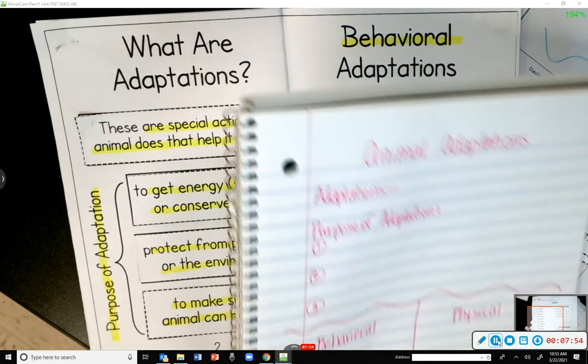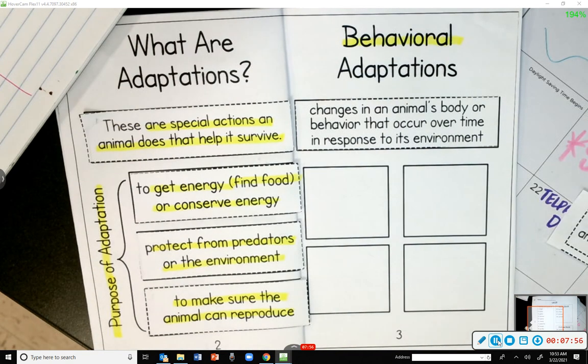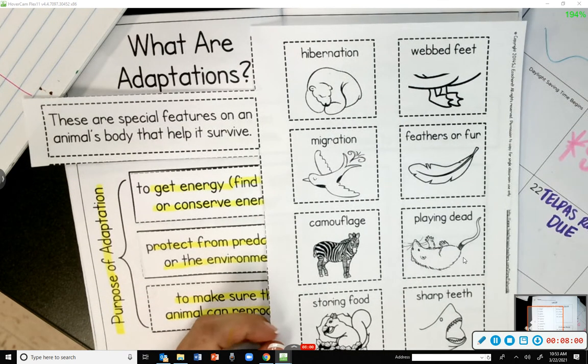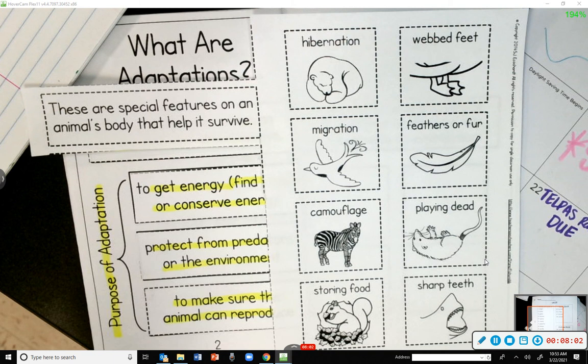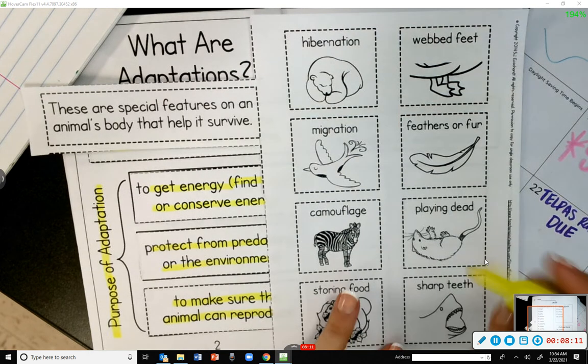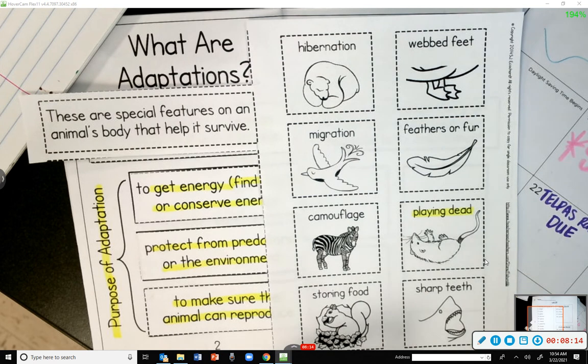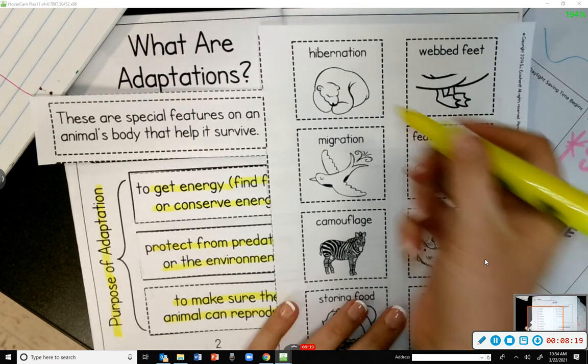Okay? So, if we're looking at these different adaptations right here, what is one you think is behavioral that has to do with how they act? Kelsey? Playing dead. Good. So playing dead will be what you write. Anything else? Bears hibernate. Good.